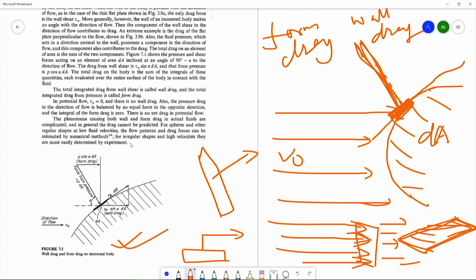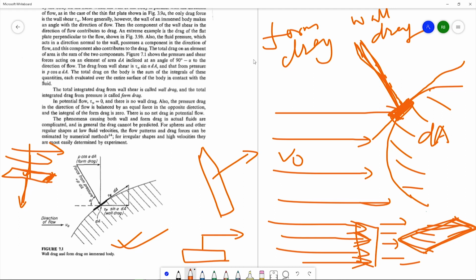Okay. Suppose the plate is completely horizontal and fluid is flowing over it. There will be no pressure drag, or no form drag, because there is no force in the direction normal to the area. This is the normal direction to the area and there is no force in this direction.